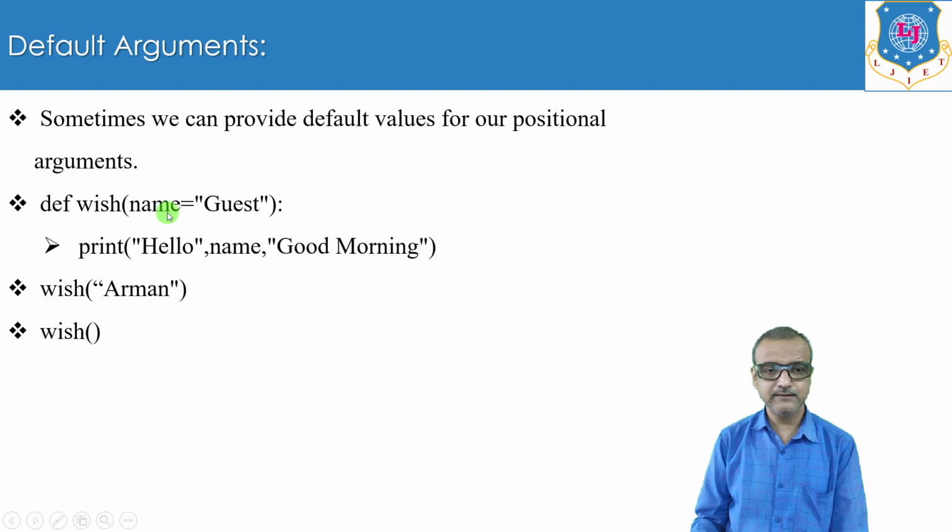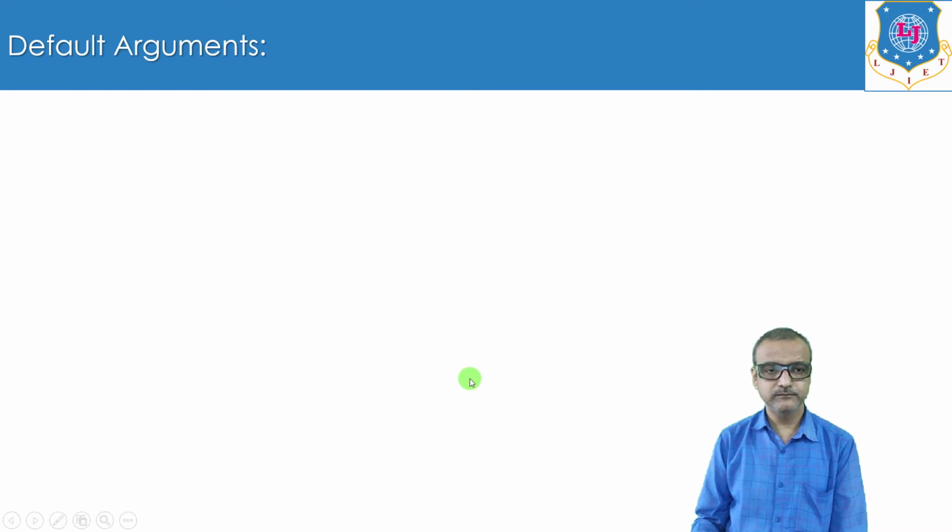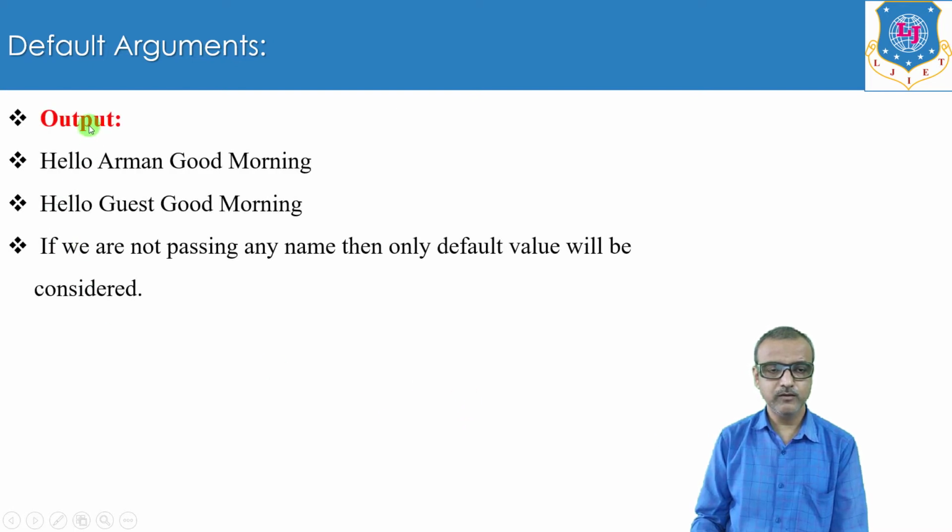In this case it will take the default argument. So the output will be hello guest, good morning. See, the output is hello Arman, good morning, and in the next case the output is hello guest, good morning. If we are not passing any name, then only the default value will be considered.